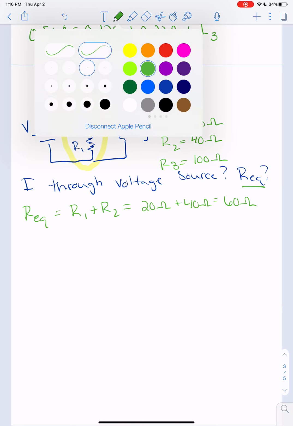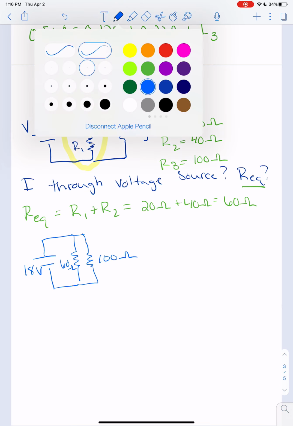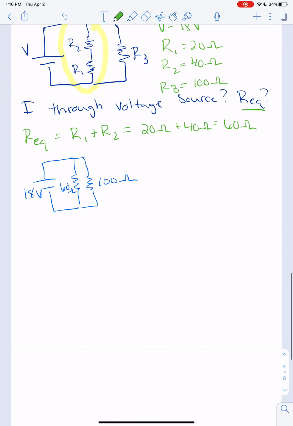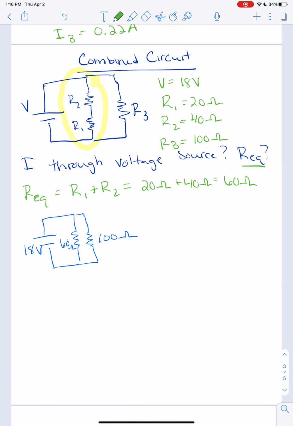So now I'm going to redraw this using what we know now. Okay, so we know this is 18 volts. Now this is 60 ohms, and this R3 is 100 ohms. So now we can use our second equation, the one that we just talked about, to find the equivalent resistance for parallel.